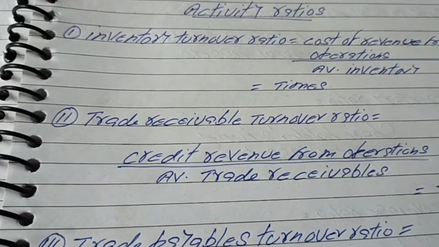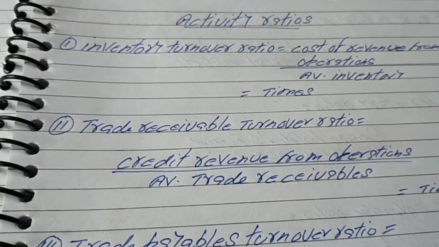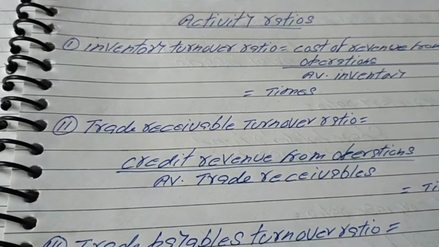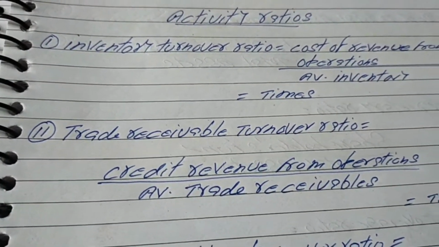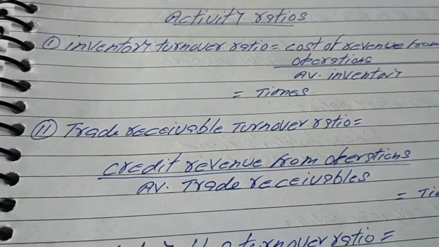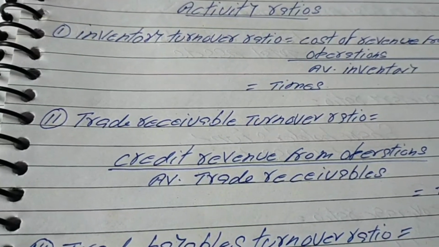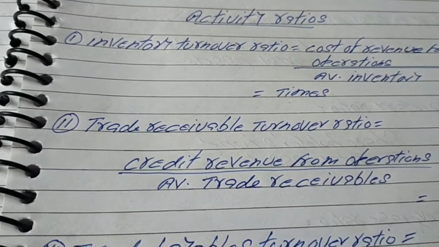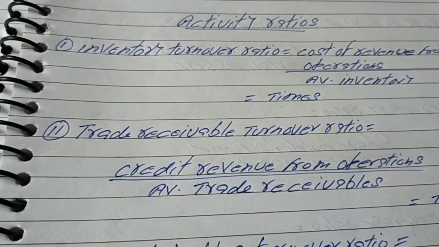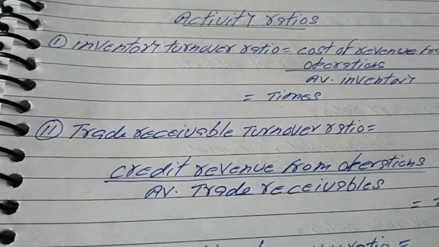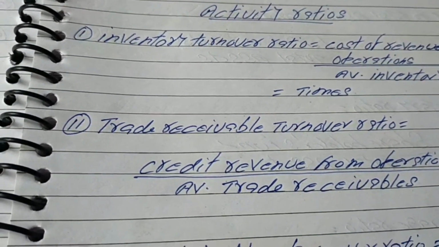So we will take only credit revenue from operations here, because trade receivable is equal to BR plus debtors. Now firstly we will find out credit revenue from operations. If the condition is given in the question, we simply take total revenue from operations minus cash revenue from operations is equal to credit revenue from operations.